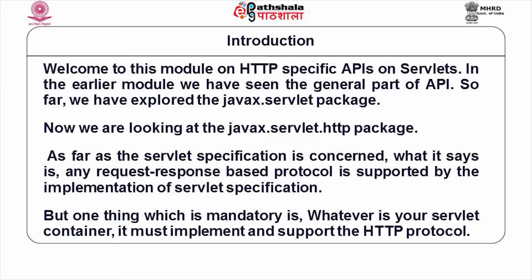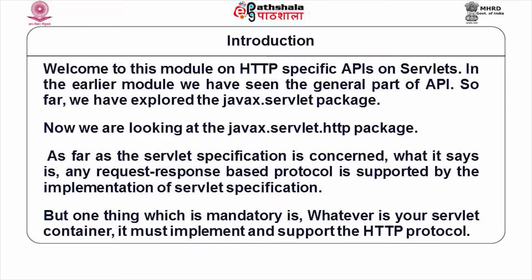In the earlier module, we have seen the general part of the API. We have explored the javax.servlet package. Now, we are looking at the javax.servlet.http package. As far as the servlet specification is concerned, it is general.